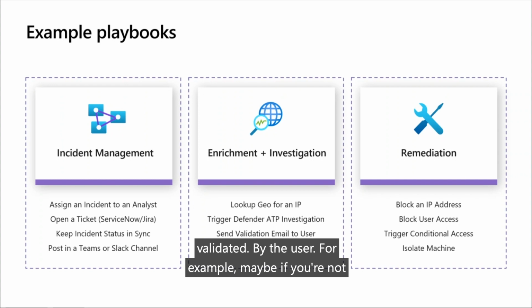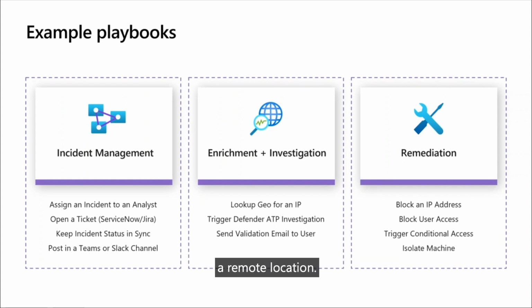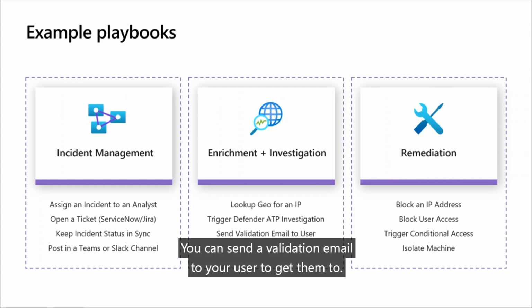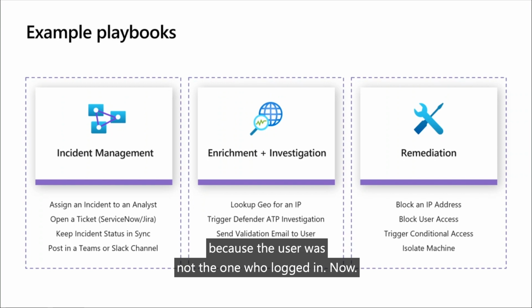For example, maybe if you're not sure whether a user has traveled, or if this indeed is an attempt from an attacker to sign in to a compromised account from a remote location, you can send a validation email to your user to get them to basically feed back to you whether or not this action was done by them. If it was, they can add in case comments. If it wasn't, you can immediately elevate the severity of this alert, so that you know that the analyst should start looking into this because the user was not the one who logged in.